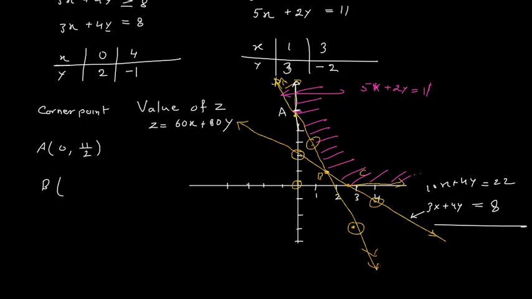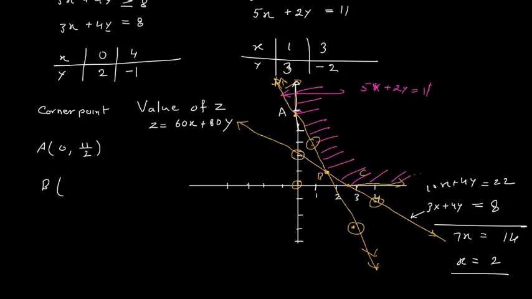Now when I subtract, 10x minus 3x gives 7x, and 22 minus 8 gives 14. So x is 2. When I put the value of x as 2 in any of the equations, I get 3 into 2 as 6. So 4y equals 8 minus 6, which is 2.